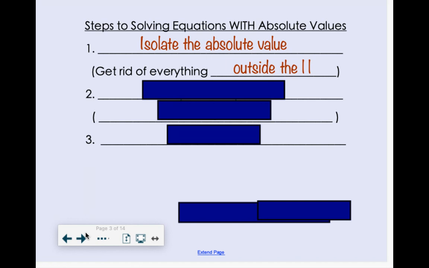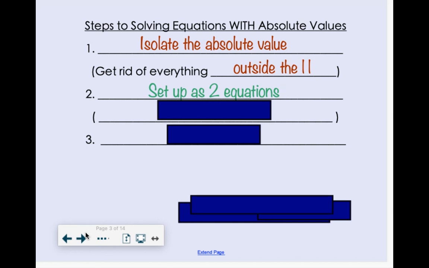Once you have that, then you're going to set it up as two equations, one plus and one minus. Kind of like how the last one was 3 and negative 3, you'll do that before you continue solving. This is the only way to get rid of the absolute value bars, is by setting it up as two equations.